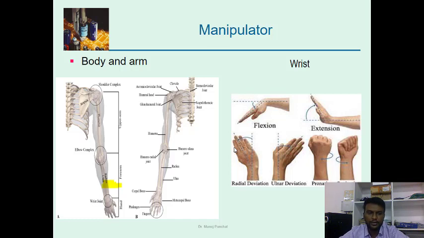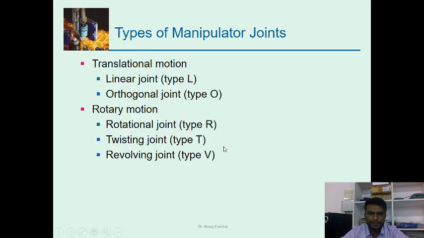Body and arm is from the shoulder to the wrist joint. At the wrist joint we have the wrist assembly, and at the end of the wrist we have the fingers, which is called the end effector. These three comprise the manipulator or the robot. I hope you understood these things.